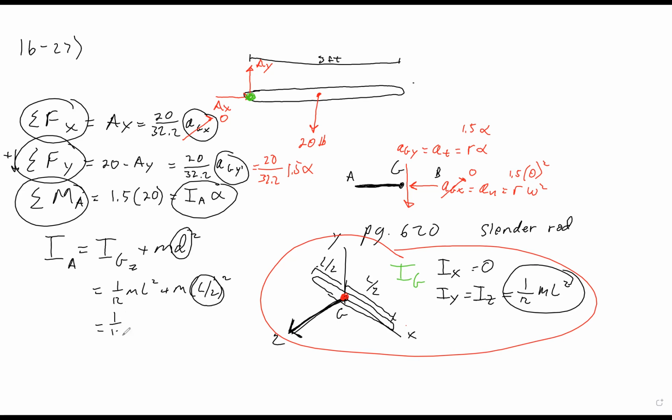They do the 1/12. The mass of the rod in their problem is 10 kilograms, and the length is 1 meter, so they have 1 squared. Then they say plus md squared, which is 10 kilograms times a distance from G of 0.5 meters. So that's where the 0.5 is coming from.